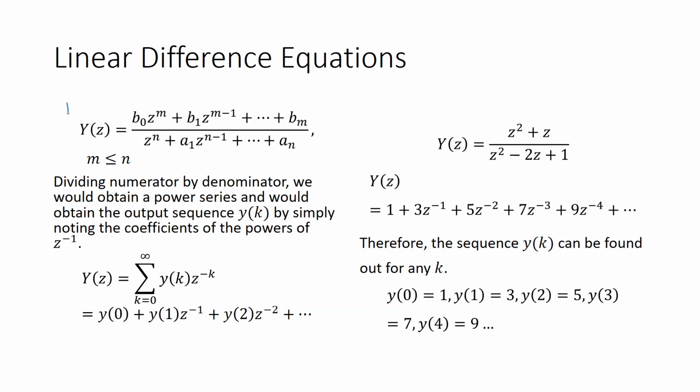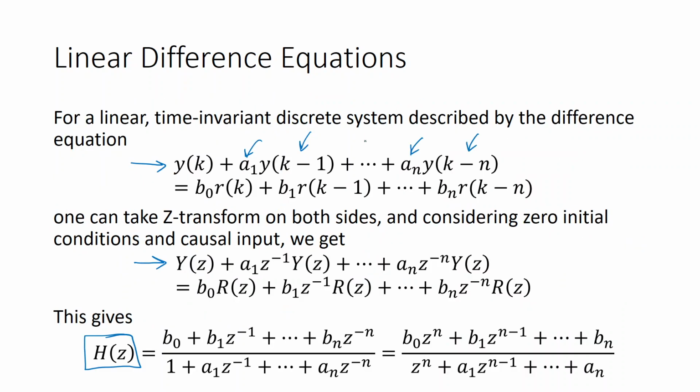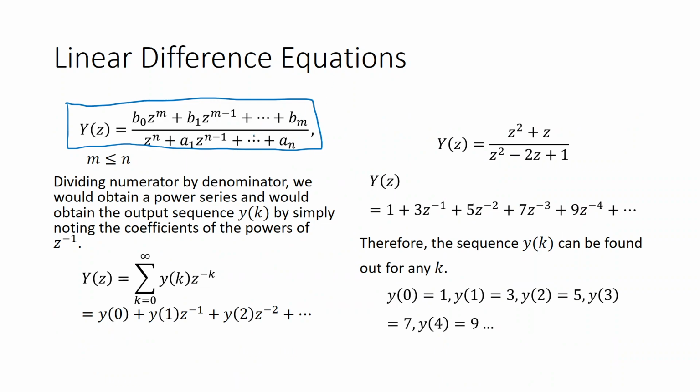This is the most used form, expressed in powers of z to the power of m minus 1 up to 0 and z to the power of n minus 1 up to 0. So in the previous one, we had delayed the input and the output by the same amount of time. However, the input delay has to be less than the output delay in order to get a proper transfer function. So for a proper transfer function, the input order must be less than the output order.